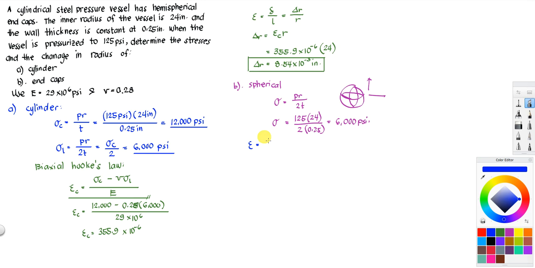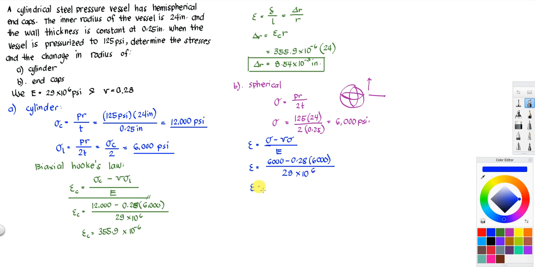Since they are the same, the strain is stress minus Poisson's ratio times stress, all over E. So I use the biaxial Hooke's law. Both are the same. So we can have it as 6,000 minus 0.28 of 6,000 all over 29 times 10 to the 6.